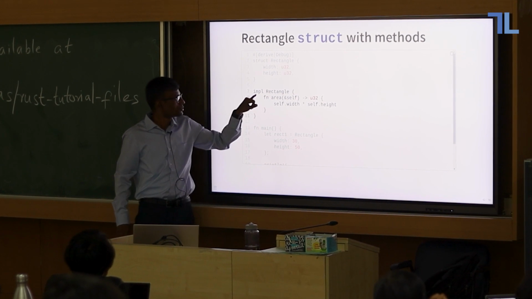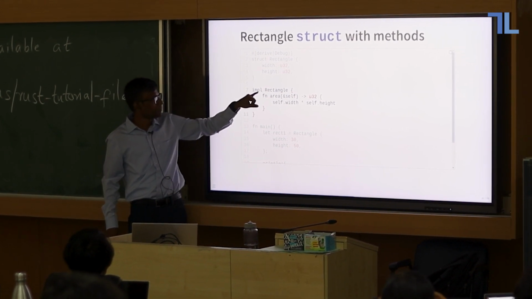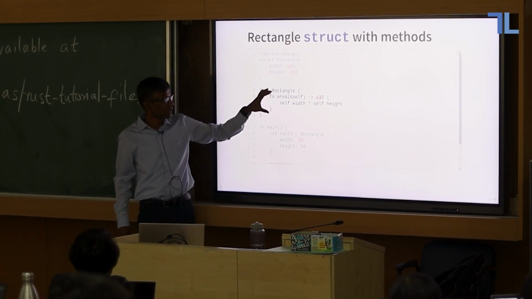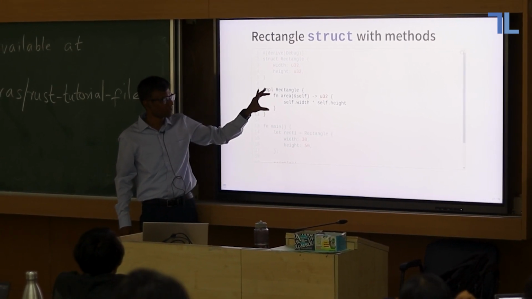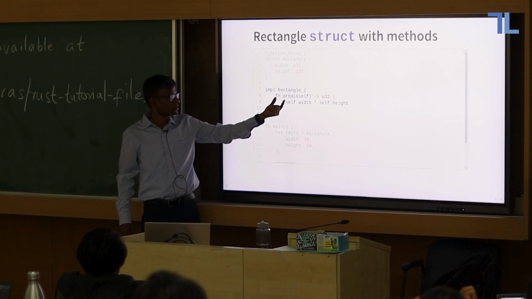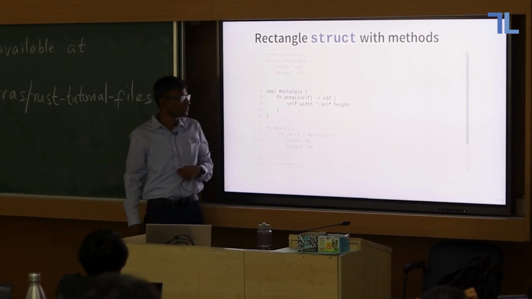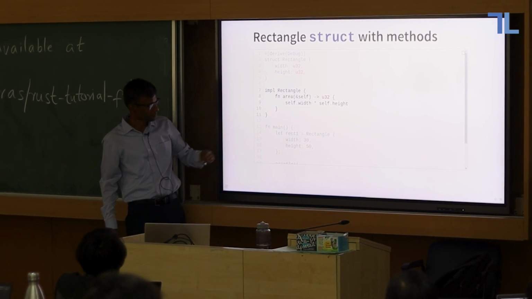Here the syntax is you put impl, which stands for implementation. In an implementation of Rectangle, I'm defining a function, and that becomes a method. So fn area, reference to self, and then it is going to output a u32.